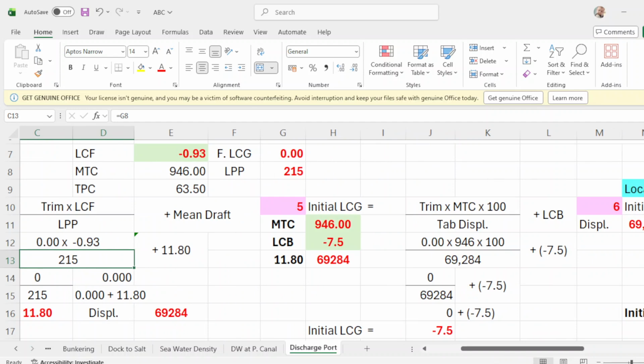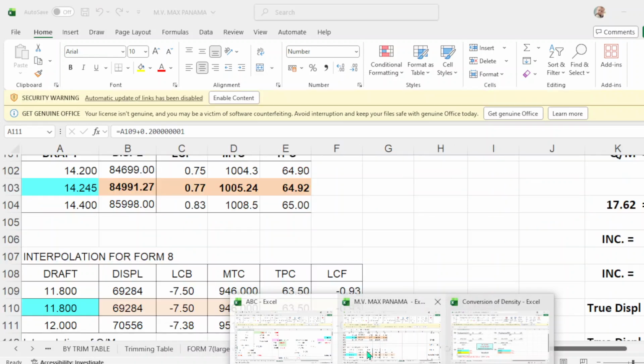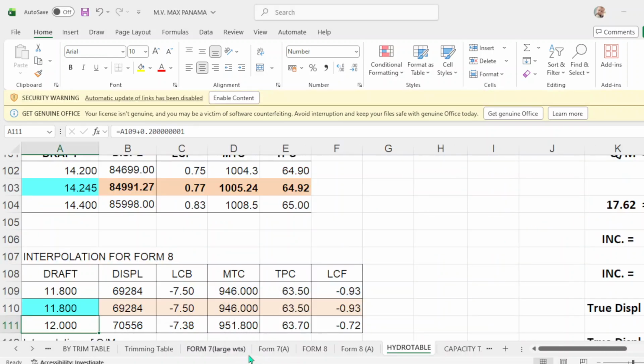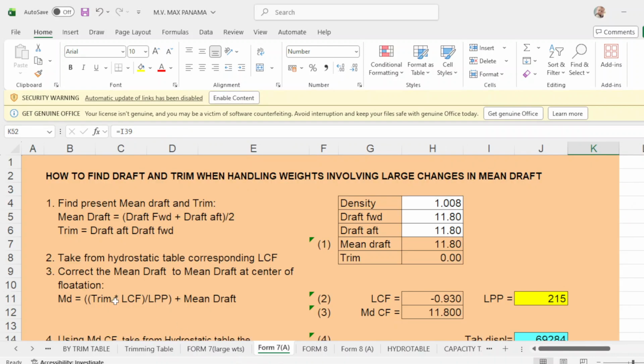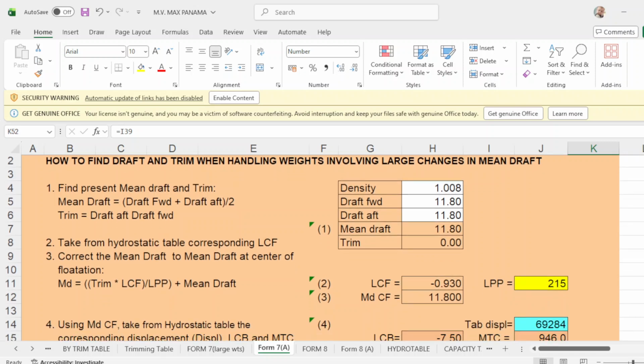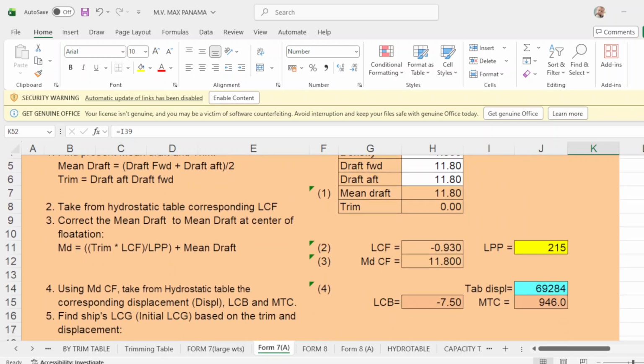What is number 5? Number 3 is your mean drop at center of rotation, 11.80.